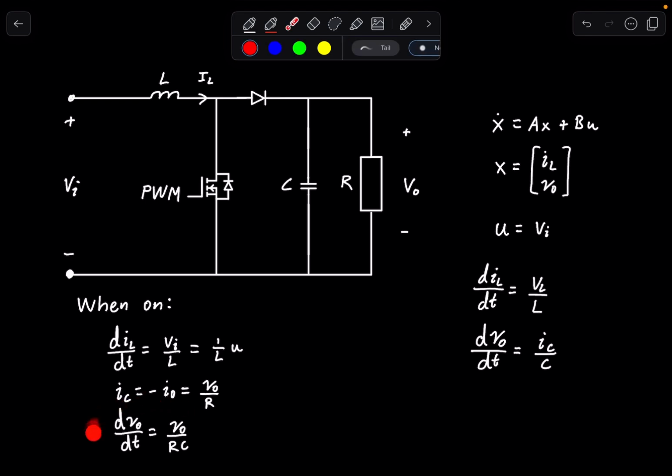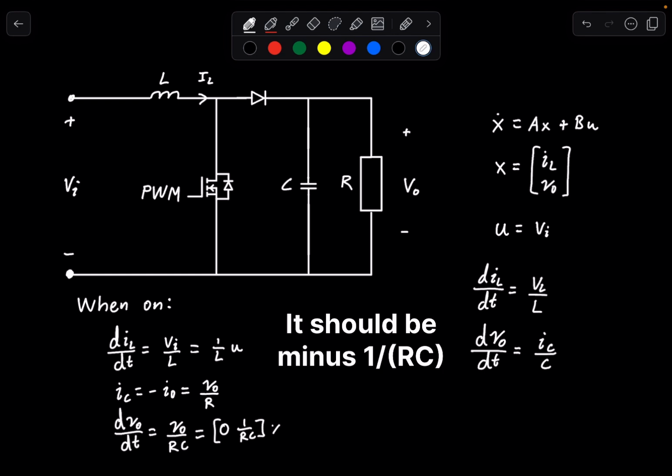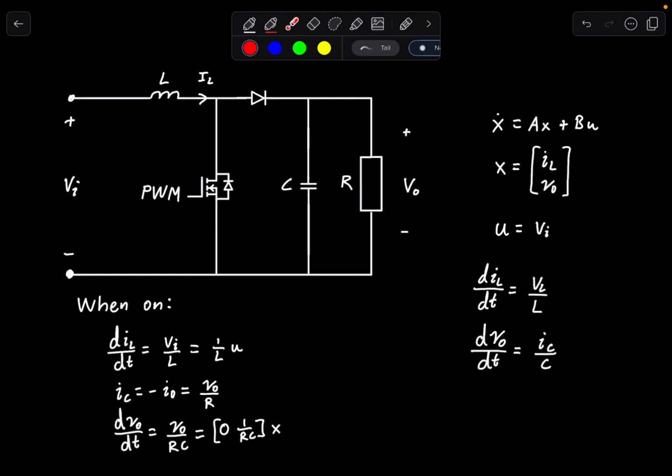And if we look at this equation, we see that we have R and C, which are constants, and we have VO, which is a part of x. So we can write this as 0, 1 over RC, and then multiplied by x. Now x dot is just the derivative of the current and the derivative of the voltage.